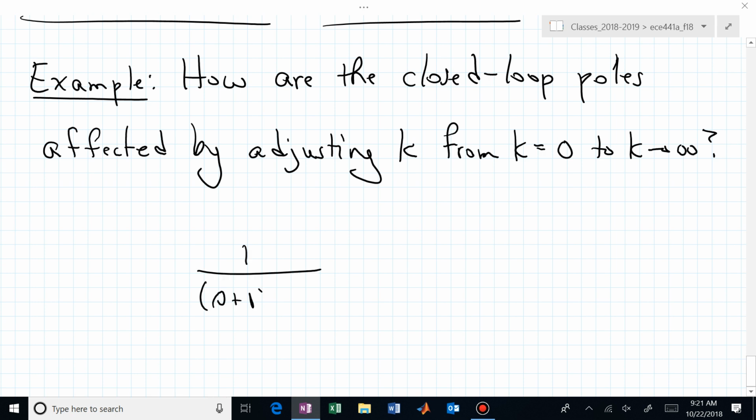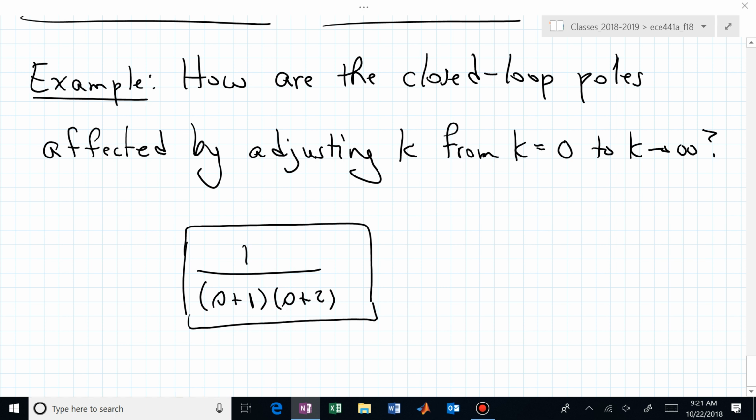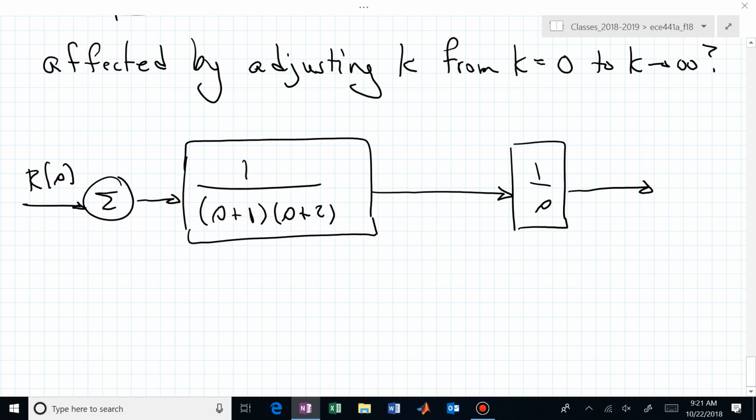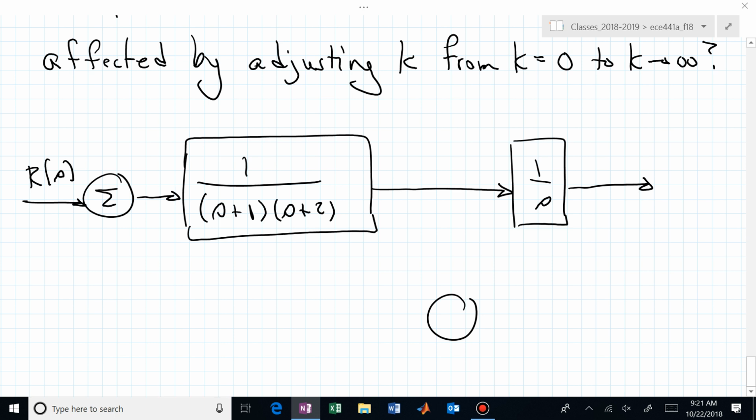Suppose we have one transfer function that has two pole factors in it. We have a 1 over S block. And just to make it a little bit different than what we're used to seeing, how about I put the K in here?